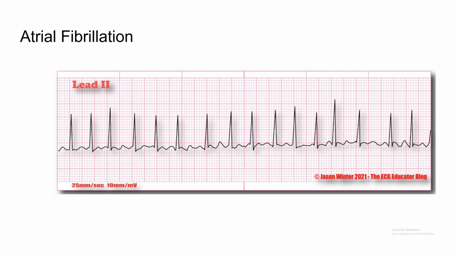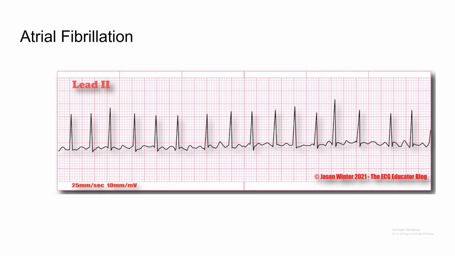And they don't really contract, they fibrillate, hence the name atrial fibrillation, which is kind of like a seizing or quivering type motion, which causes the blood to pool in the left and right atria as they are not able to contract, they quiver, and very little blood is kicked to the ventricles to be pumped into systemic circulation. So this leads to issues such as a reduced cardiac output.